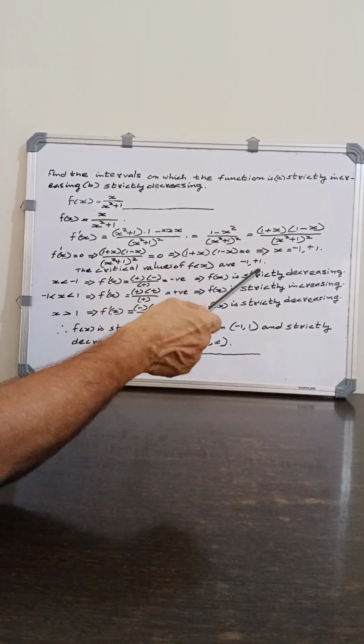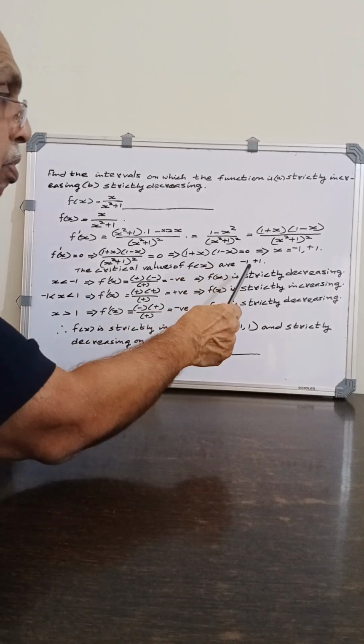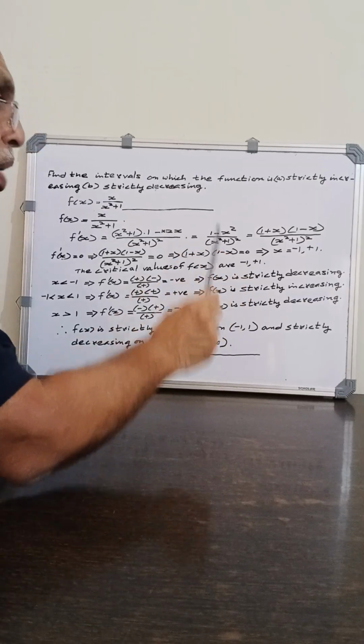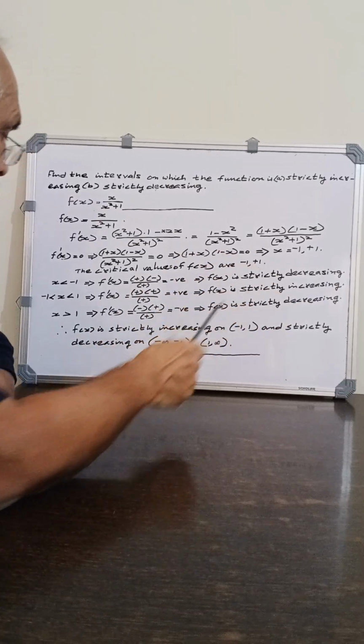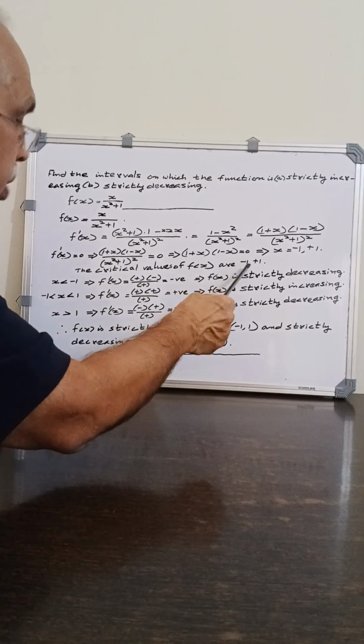We can consider x less than minus 1, x in between minus 1 and plus 1, and x greater than plus 1. Three options we can consider. First, x less than minus 1.